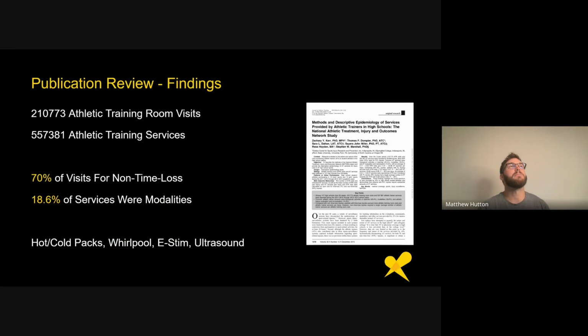I think Normatec was the next one, pneumatic compression. The interesting one for me is that one was following ultrasound. I would have guessed that across high schools, they wouldn't have that treatment available.